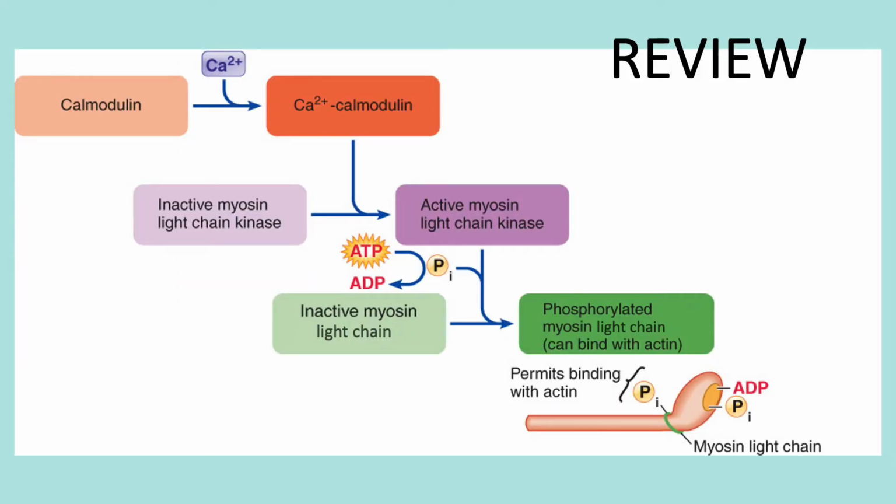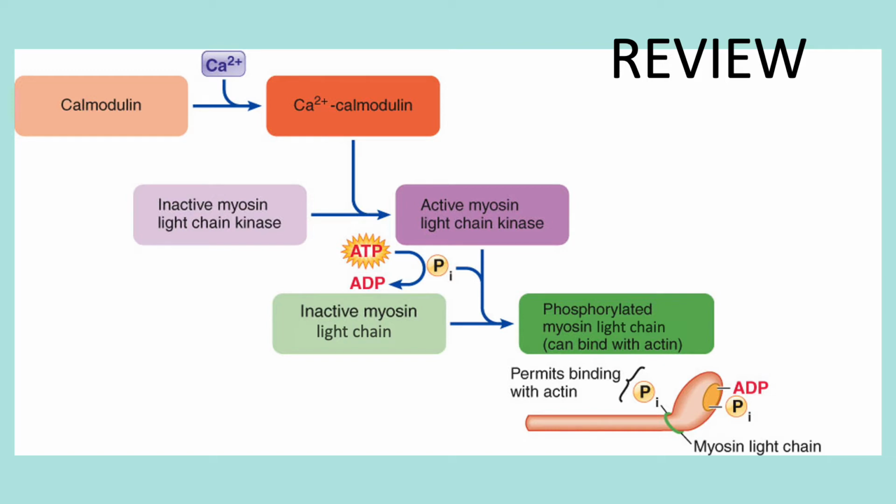Just to reiterate some key points from the last lecture, with skeletal muscle, we would typically see a release of calcium from the sarcoplasmic reticulum, and then that calcium would bind to troponin and reposition the tropomyosin and allow the myosin head to bind to actin. With smooth muscle, those voltage-gated calcium channels will open, leading to an influx, mainly from the interstitial fluid or the extracellular fluid, into that cell.